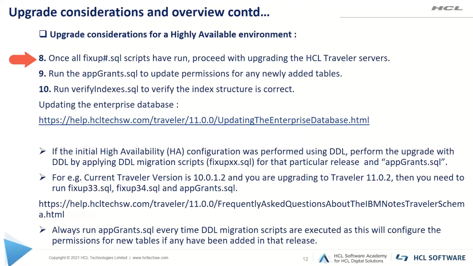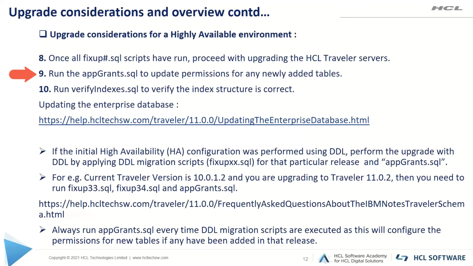Once you have executed all the fixup SQL scripts, you can proceed with upgrading the HCL Traveler servers. Next step is to run the appgrant.sql script, which is required to update any permissions for the newly added objects in the database. So the schema will update, and it might have some new objects.